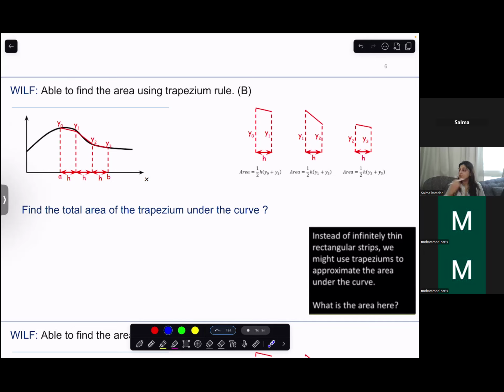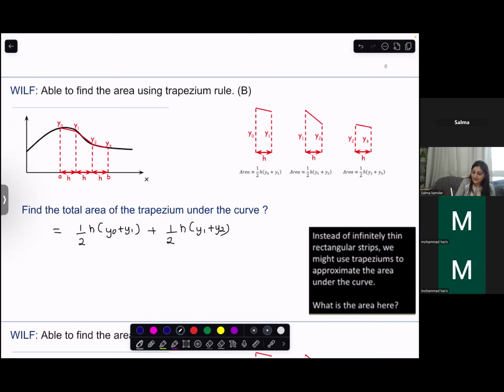So if I want to find the total area under the curve, I would add all three of the sums. I want you to add it along with me. What will you get? It would be half height into y0 plus y1, plus half height into y1 plus y2, plus half height into y2 plus y3. Is this what I'm going to get?